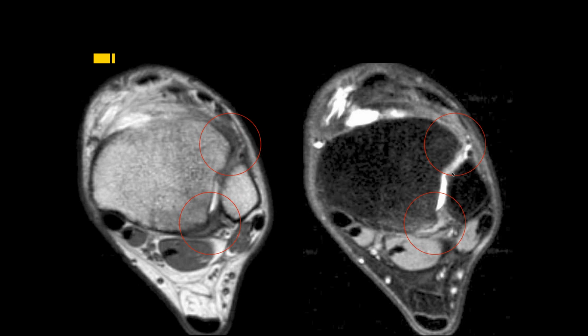It's hard to see the individual ligaments, and you also look for tears of the anterior and posterior tibiofibular ligaments as well. And this is typically what's called a high ankle sprain. And in sports, it's important because it lets the player and coaches and trainers know that it's going to take another 4 to 6 weeks before they're going to be able to go back into athletic activity, and that's kind of pushing it.